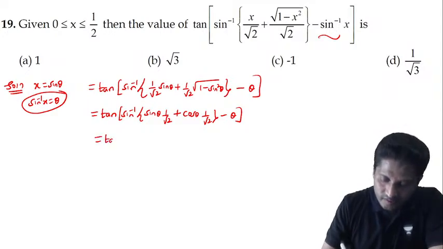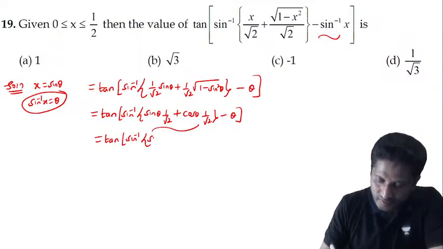This can be written as tan of sin inverse of, sin a cos b plus cos a sin b. I can bring it to the form sin theta into cos pi by 4 plus cos theta into sin pi by 4, minus theta.